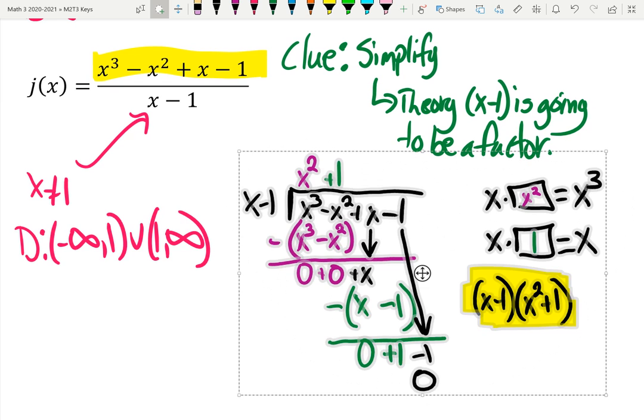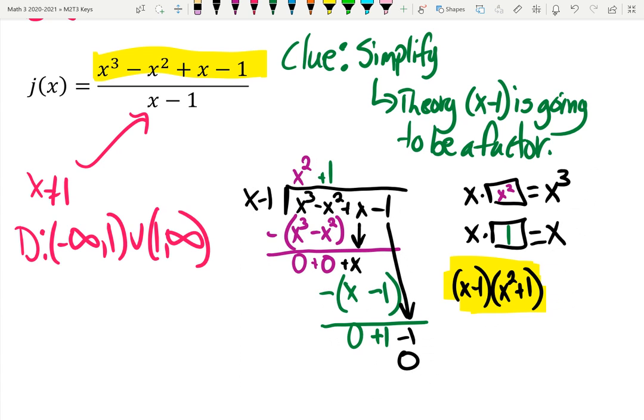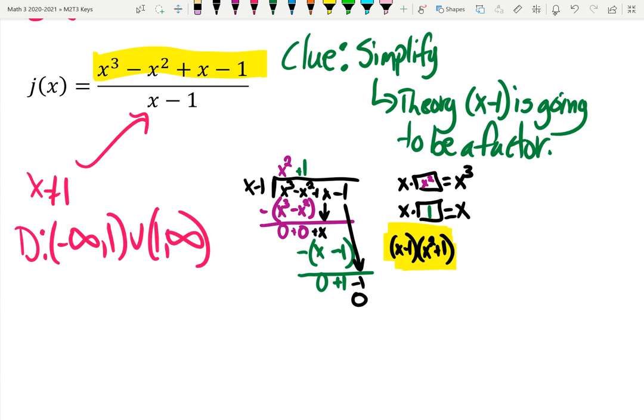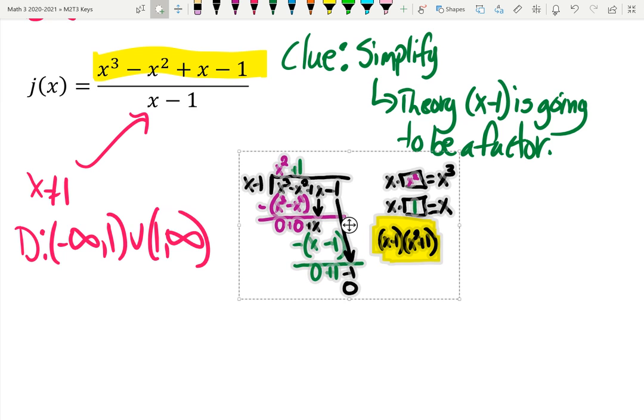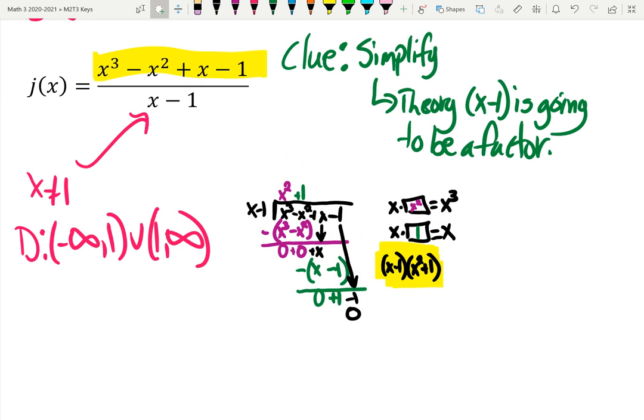Let's go ahead and show you the same process with your second option. I can use synthetic division. So when I'm doing synthetic division, I think about what's the factor that is going to make 1. I look at the coefficients of the number I'm dividing: 1, negative 1, 1, negative 1.